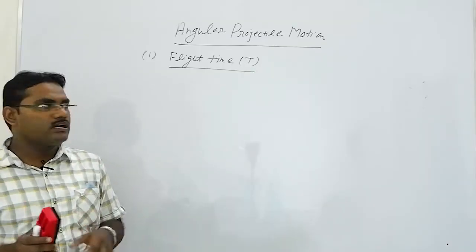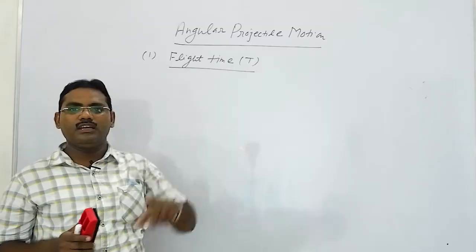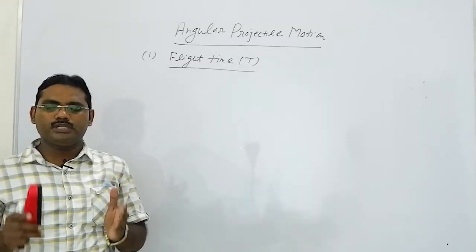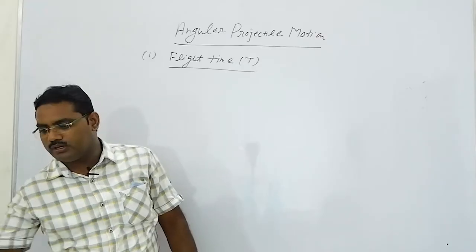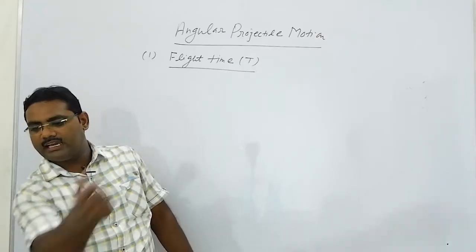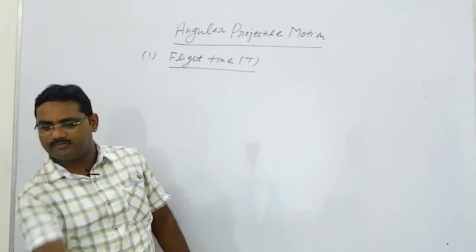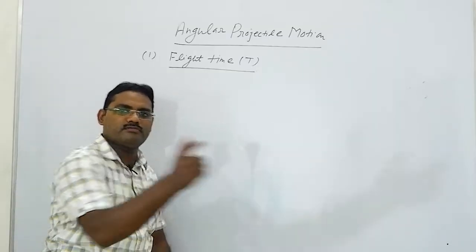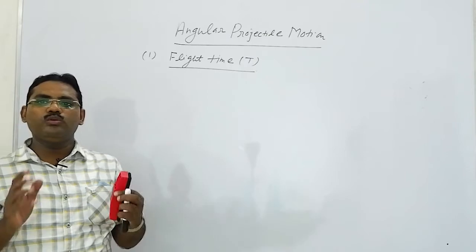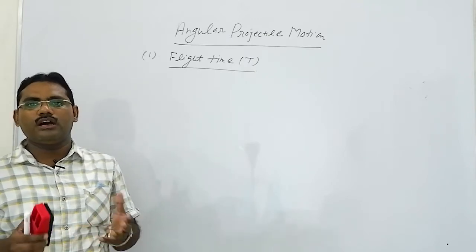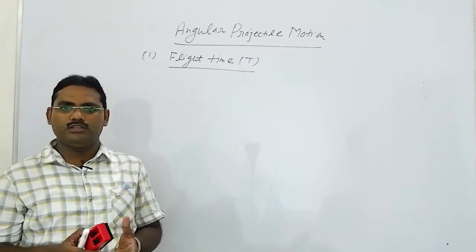The second one is the angular projectile or oblique projectile motion. When we throw any body at an angle with the horizontal like this, this type of projectile motion is called angular projectile motion or oblique projectile motion.